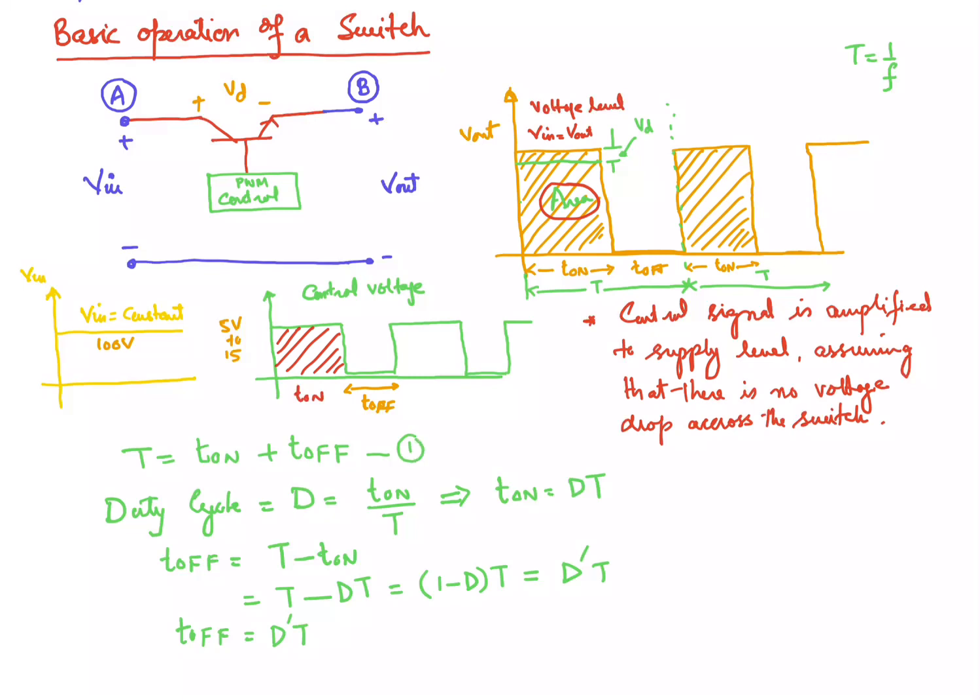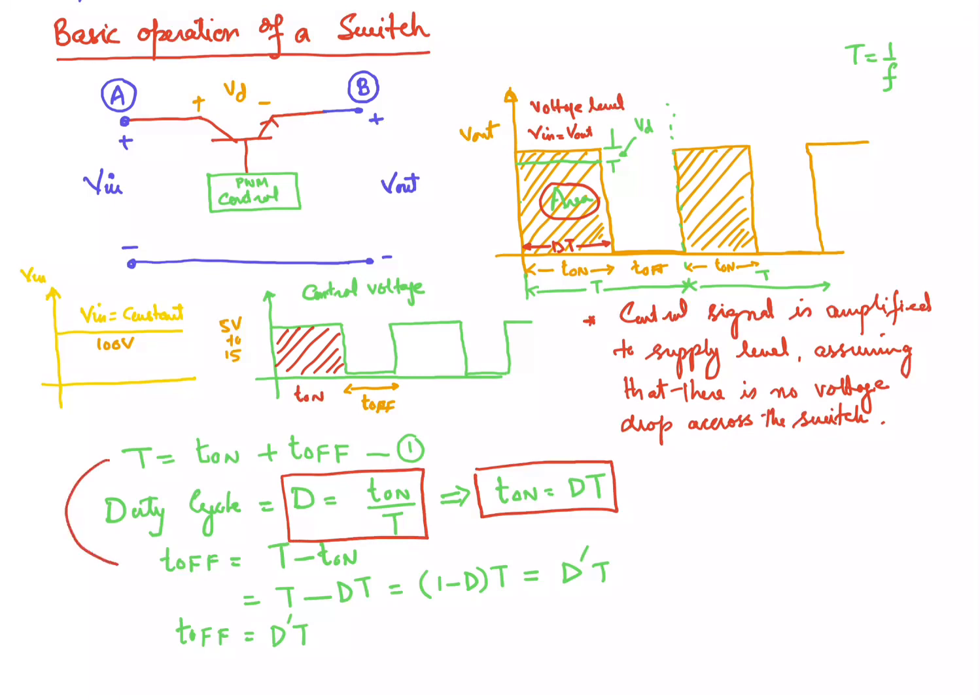Now using the definition of the duty cycle, that the duty cycle is equal to the ratio of the on time to the total time, you can say that T on is equal to D into T. So the on interval can be represented as D into T. Now what will be T off?